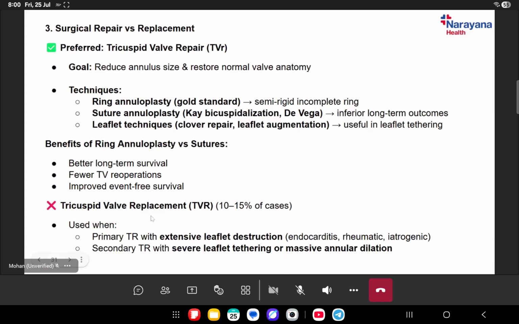Tricuspid valve replacement happens only in around 10 to 15% of cases, in very extreme cases with extensive leaflet destruction, like in endocarditis, rheumatic or iatrogenic disease, and secondary TR with severe leaflet tethering and massive annular dilatation.